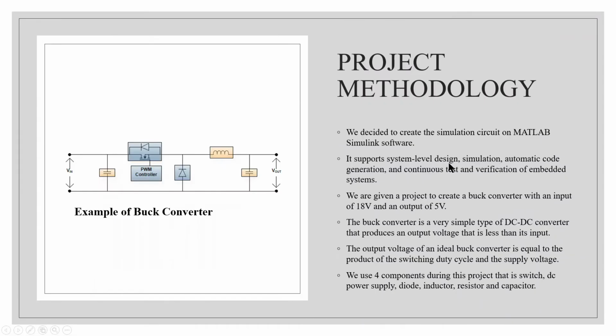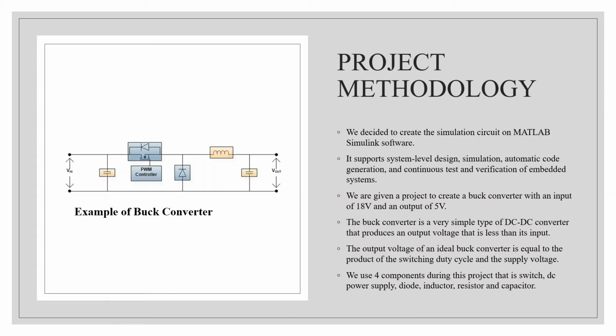Assalamualaikum. My name is Dadanova and I'm going to talk about the methodology of our buck converter. We decided to use MATLAB Simulink to create our circuit. So we are given a task to create a buck converter with an input of 18 volt and an output of 5 volt.